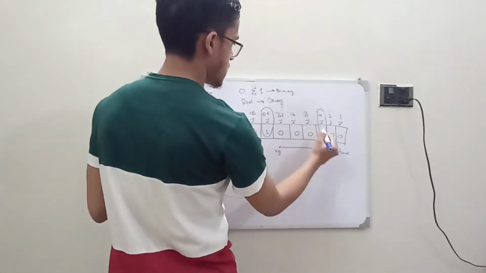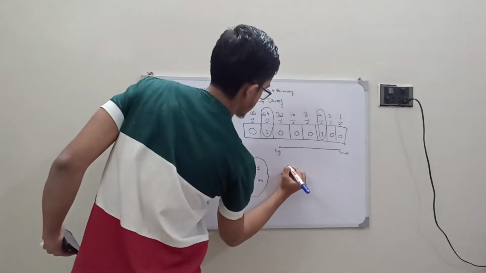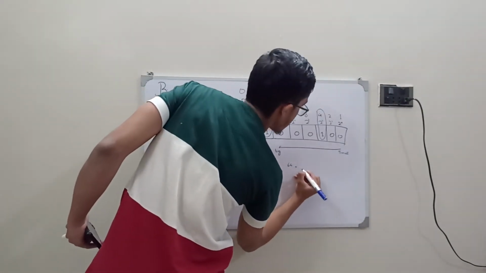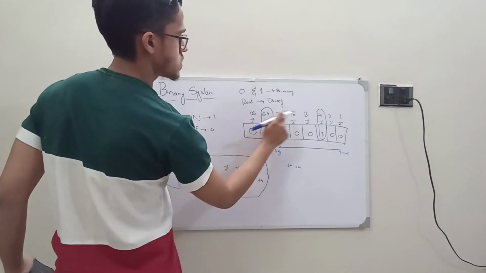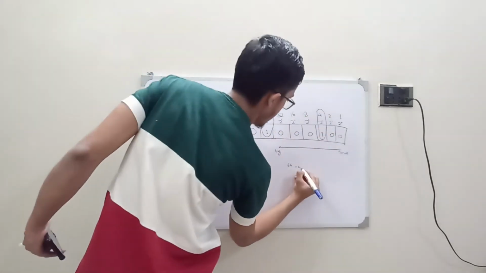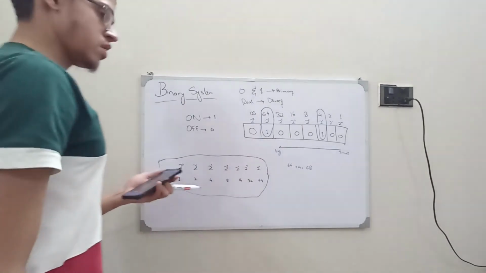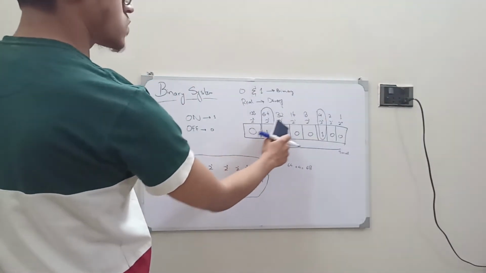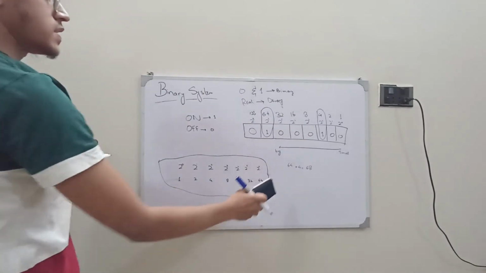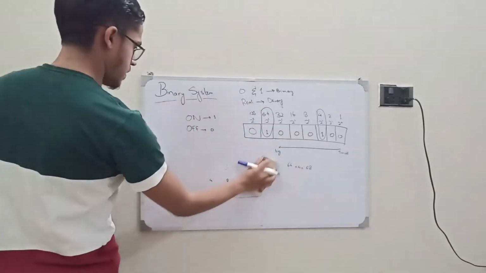All those states which are 1 will be added to get our final result. Hence it will become 64 for this one and 4 for this one. We add both of them to make our final result, 68.